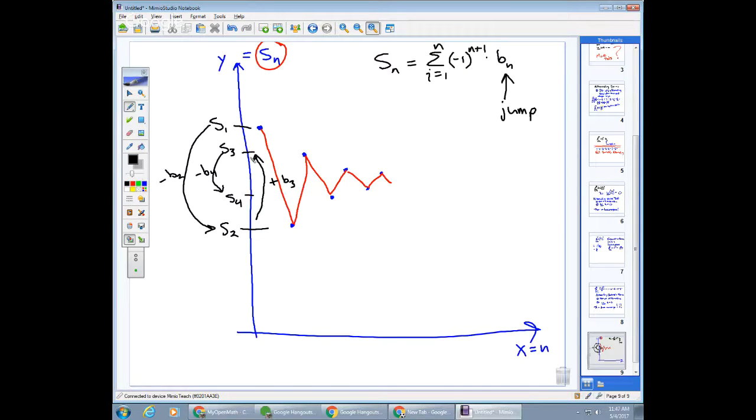So the cool thing here is that if I look at, for example, S sub 5, it's going to be right here. The difference between the two partial sums, like S5 minus S4, and let's just do that in absolute value, that's going to be that term I had to add on to get there.